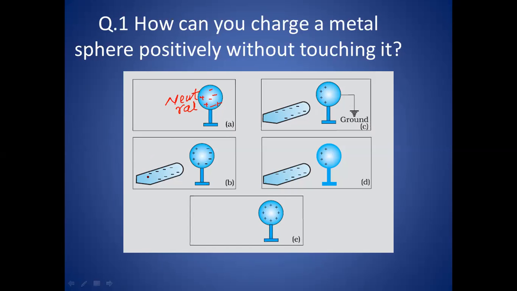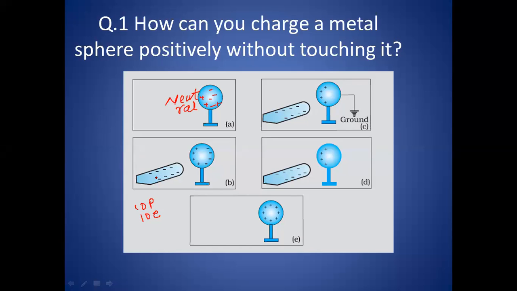Now when we bring a negative charge here, what will happen? This sphere is neutral, but it has positive and negative charge of equal magnitude. Suppose 10 positive is there, then 10 negative will be there. So net charge is 0. If 10 protons are there, there will be 10 electrons, so the electrons and protons cancel each other.